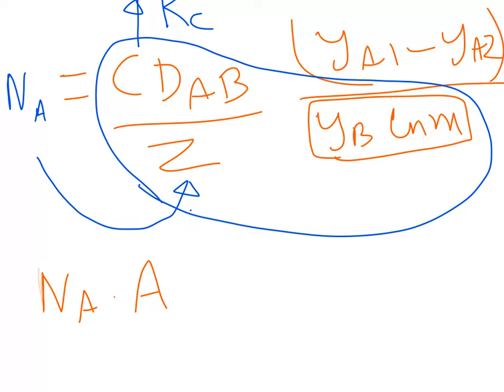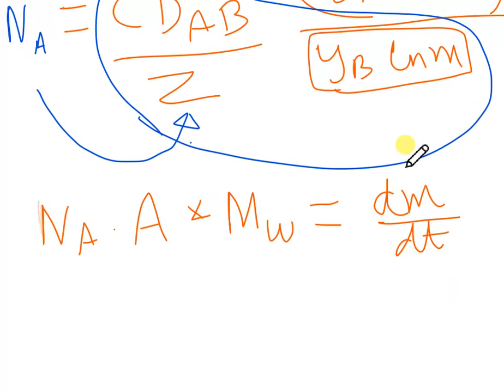If you multiply with the molecular weight, that becomes mass, the mass of the liquid leaving per second. So that is basically equal to dm over dt. The mass is what? Volume times density, the volume of the liquid times the density of the liquid.